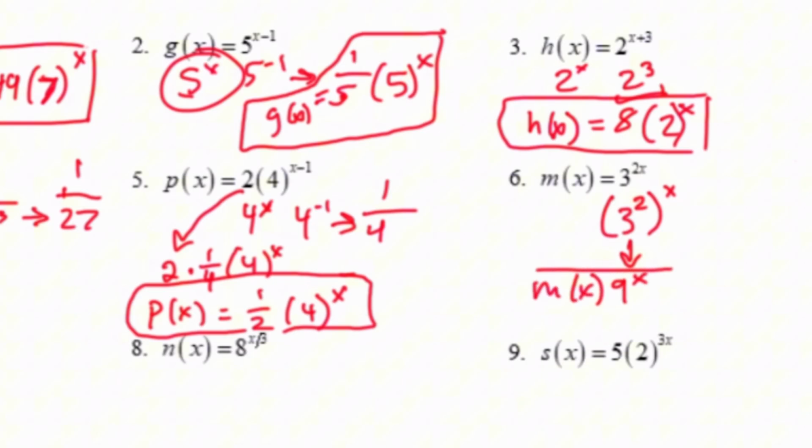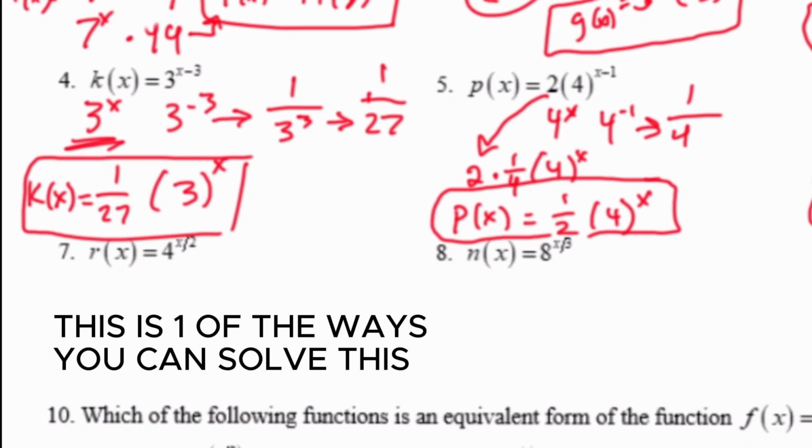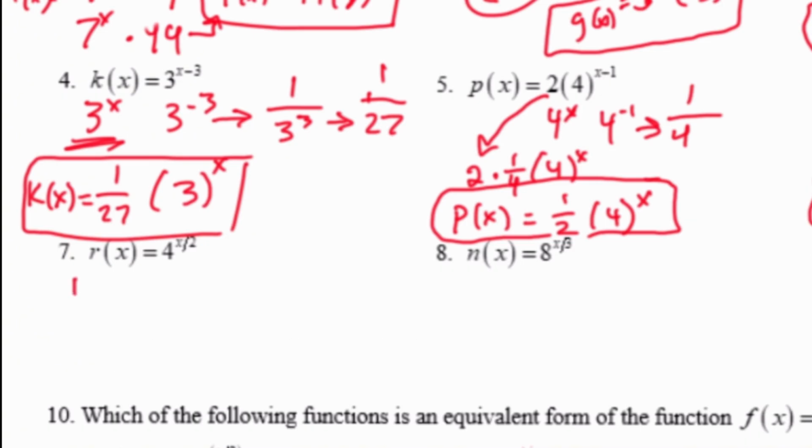So number 7, this one is dividing by 2 here. When we divide by 2, I don't know if you guys remember, but we did learn this in Algebra 2, where a number to the power of a fraction would be equal to the denominator being the index number of the root that it's getting rooted by.